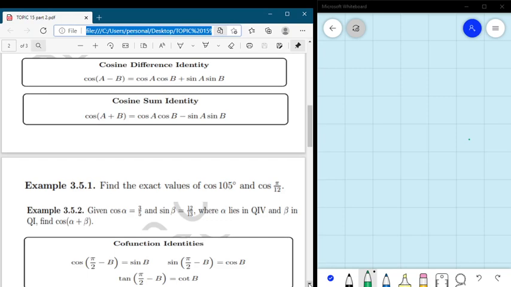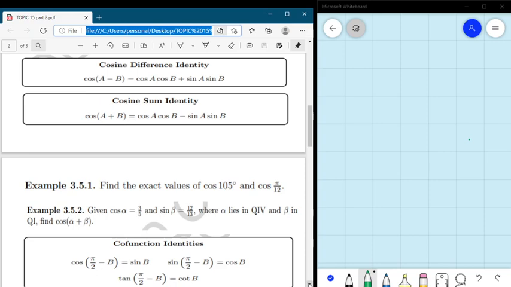Okay, our first cosine difference identity is cosine of A minus B is the same as cosine A, cosine B plus sine A, sine B. And then the cosine sum identity is cosine of A plus B is equal to cosine A, cosine B minus sine A, sine B. So for cosine of A minus B, it is cos cos, sin sin, with a plus between them.